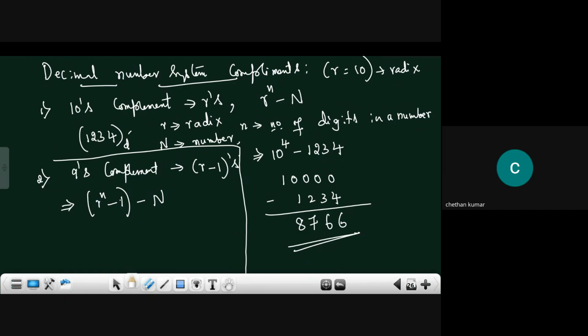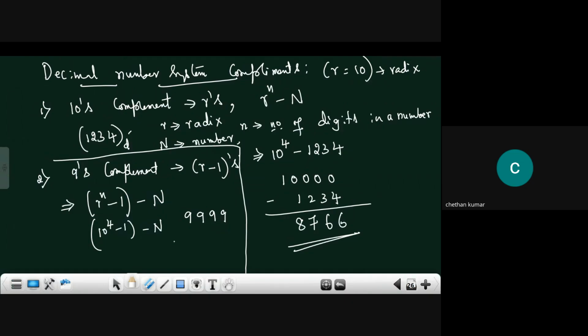What is the 10's complement? 9's complement plus 1 is nothing but what? 10's complement. So this one I can write as r to the power of n minus 1, minus capital N. N is 4 means 10 to the power of 4, which is 1 followed by 4 zeros, minus 1. That is 9999. Yes or no?